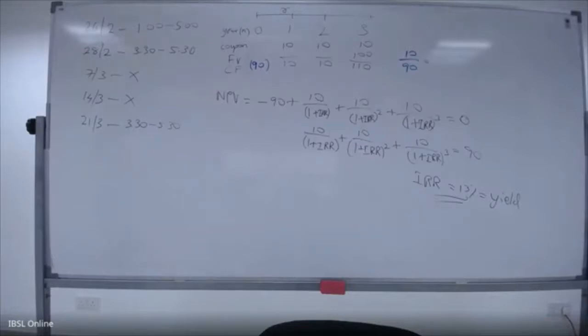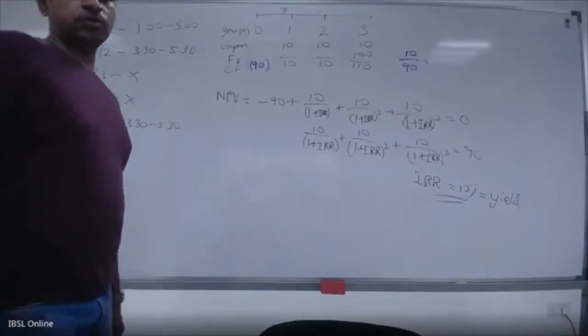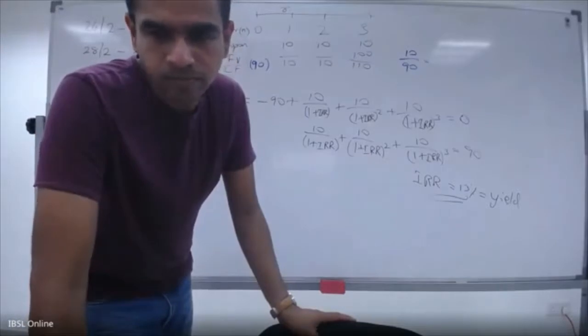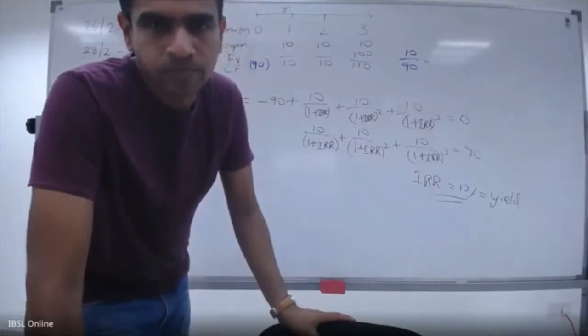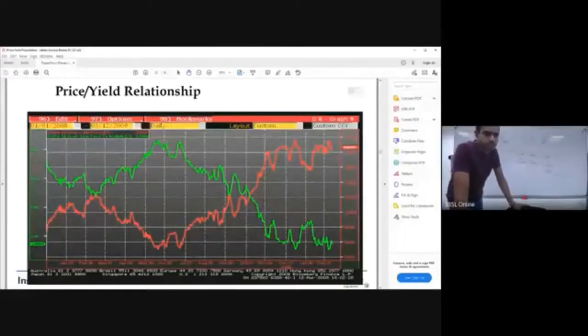So there is an inverse relationship between the price and the yield, obviously, right? Because if you go back to the equation, there is an inverse relationship between the price and the yield.